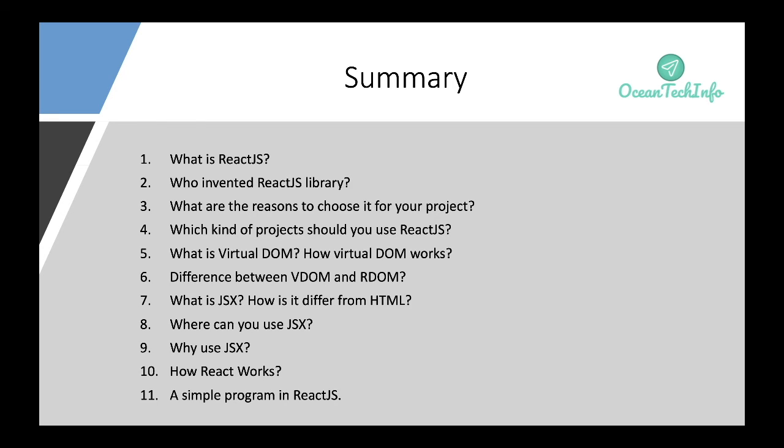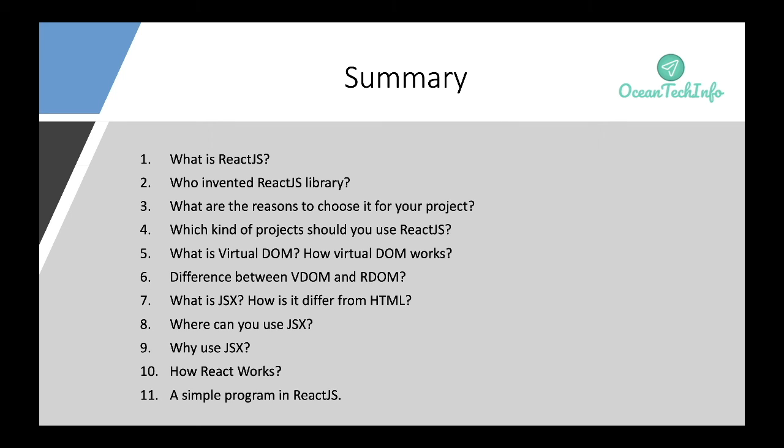Summary. What have we covered so far in the introduction to ReactJS? What is ReactJS? Who invented the ReactJS library? What are the reasons to choose it for your project? What kind of project should you use ReactJS for? What is virtual DOM? How does virtual DOM work? What is the difference between virtual DOM and real DOM?